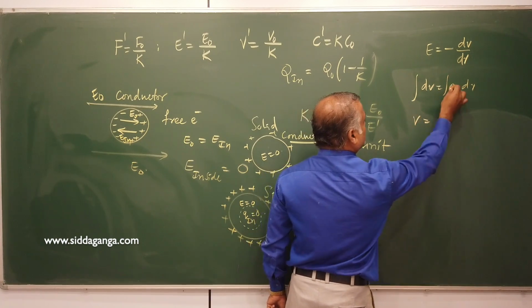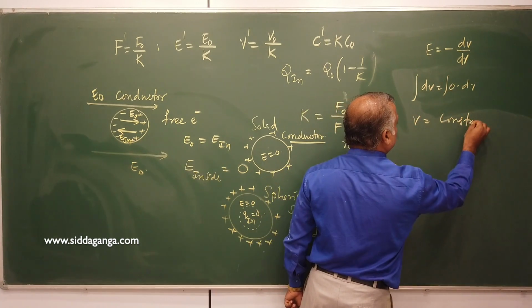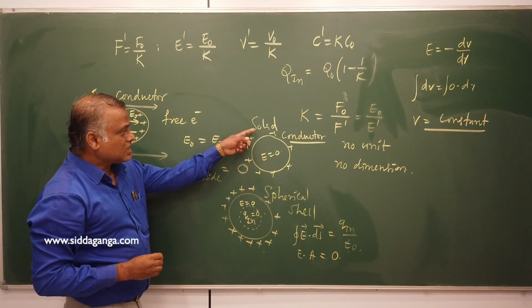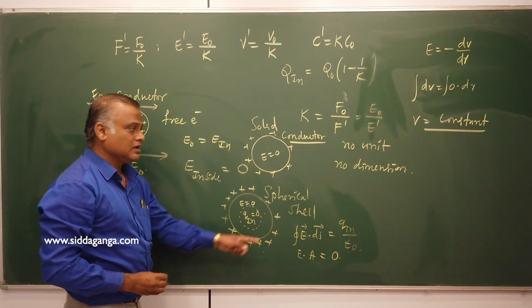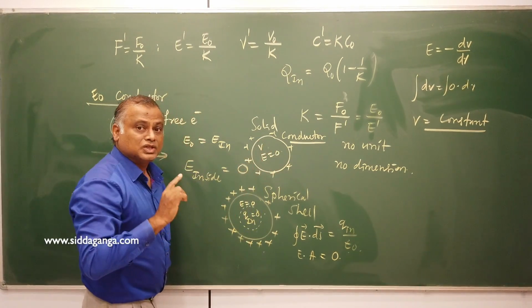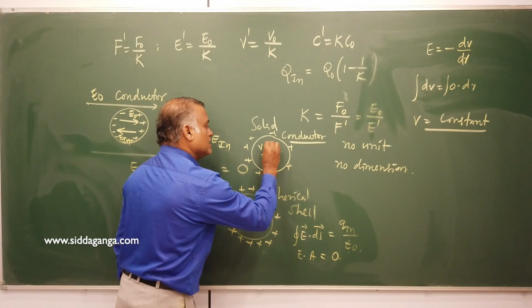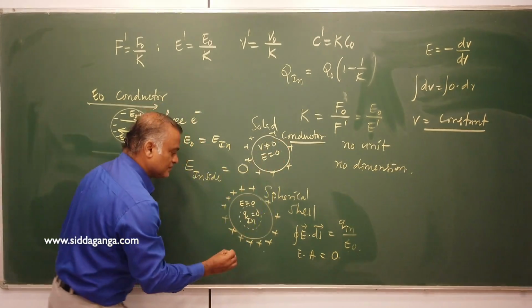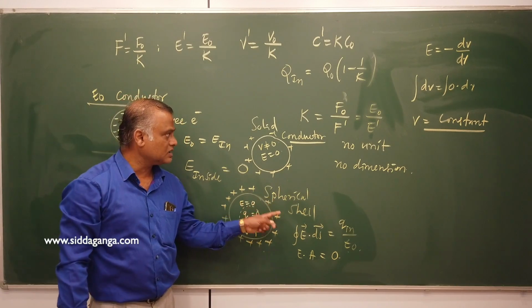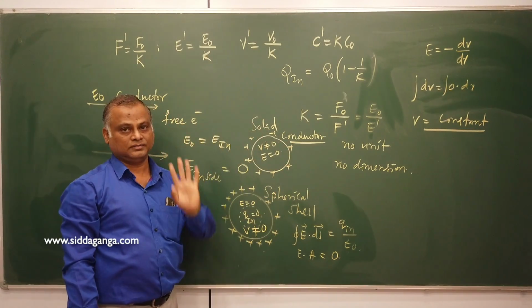Integrate, and you will get the integration of 0 is a constant. Means if you have a solid conductor or a spherical shell, you must write E is equal to 0, V is not equal to 0, and V is constant. V is not equal to 0 whether you take a spherical shell or a solid conductor.